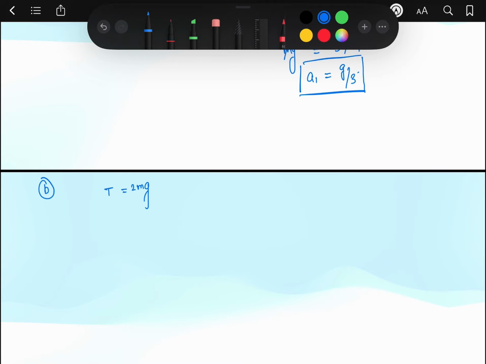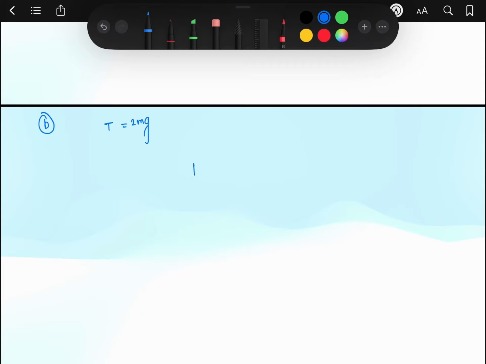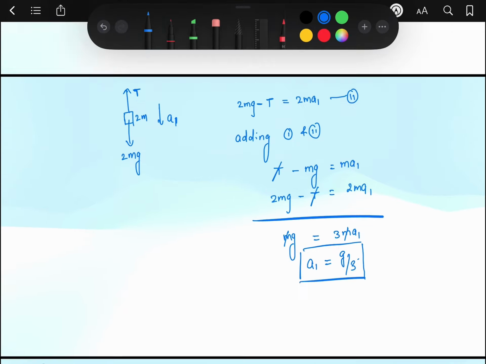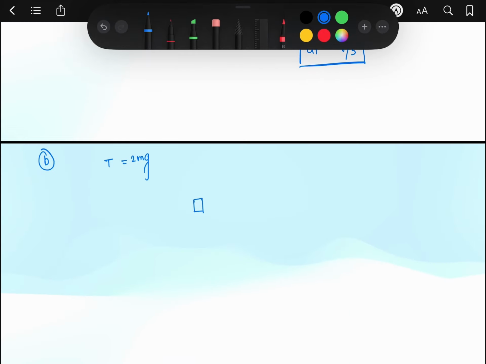I will draw the free body diagram for this body of mass m. There will be a force acting in the downward direction, equal to mg, and tension in the upward direction due to the pulling force of this string, and let us suppose it is moving in the upward direction with an acceleration a2, that we have to find here.